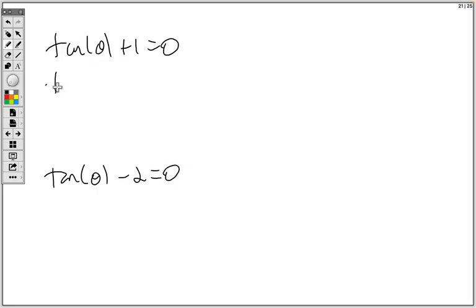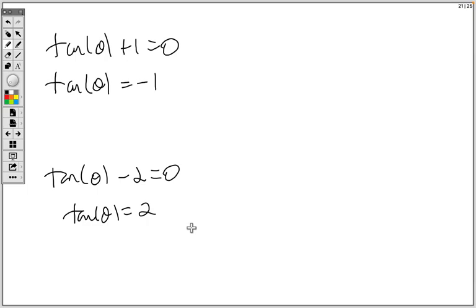So I get the tangent of theta plus 1 is 0, or I get the tangent of theta minus 2 is 0. So from the first equation, I subtract 1 from both sides. I get tangent theta is negative 1. The second equation, I add 2 to both sides. I get tangent theta is 2.